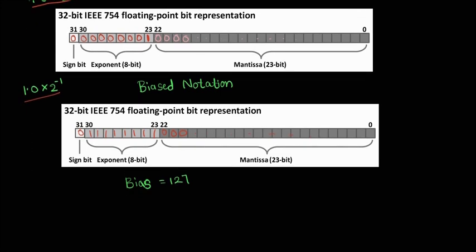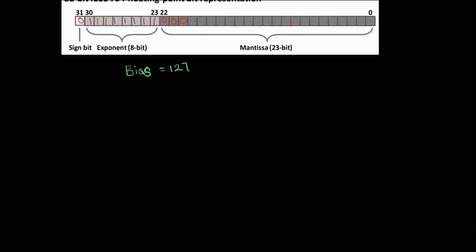That is, for plus 1 we add 127, it becomes 128. For minus 1 as well we add 127, which becomes 126.